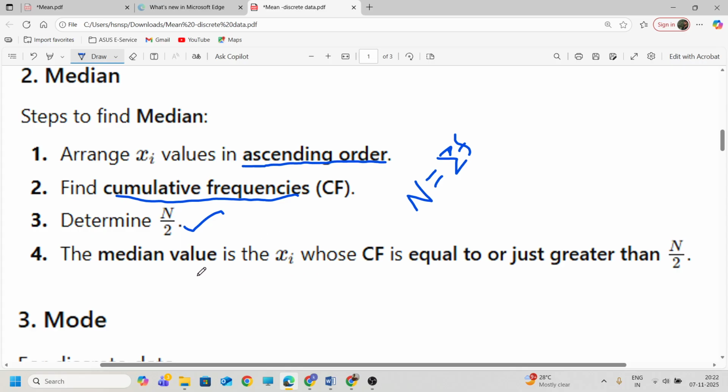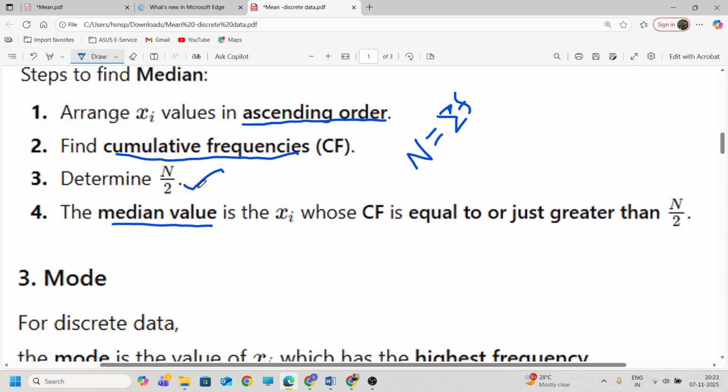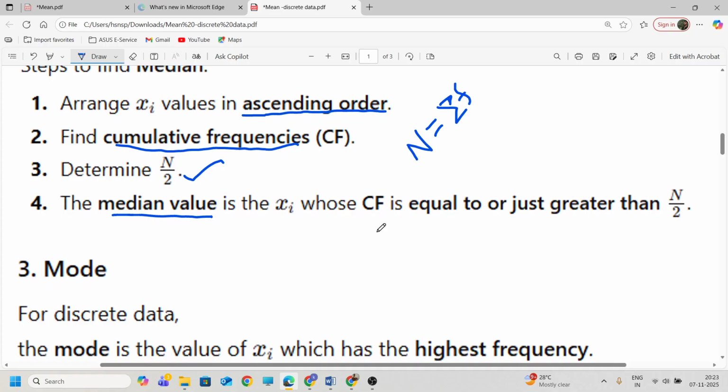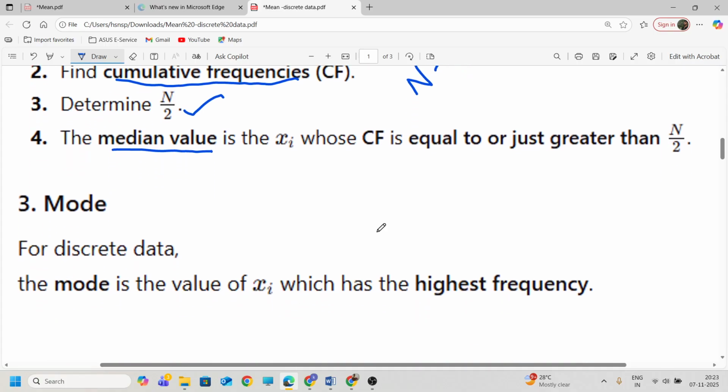Next, the median value we find using the cumulative frequency. The data whose cumulative frequency is just greater than this n by 2 is called the median. Okay, so n by 2 is the middle value, and nearby the middle value, the corresponding data is where we find the median.